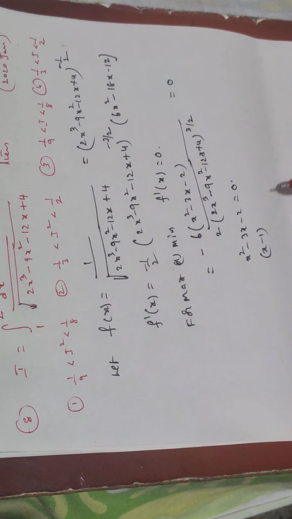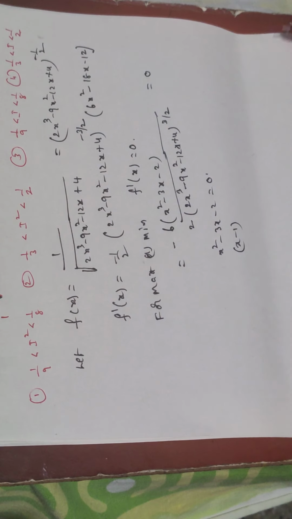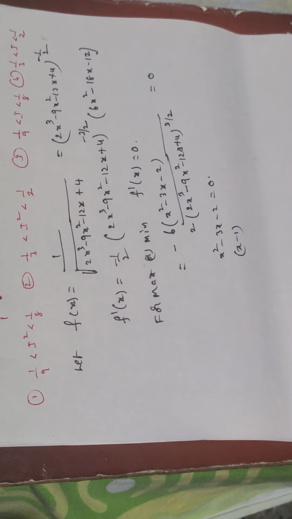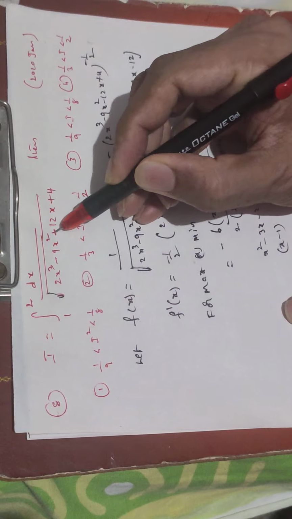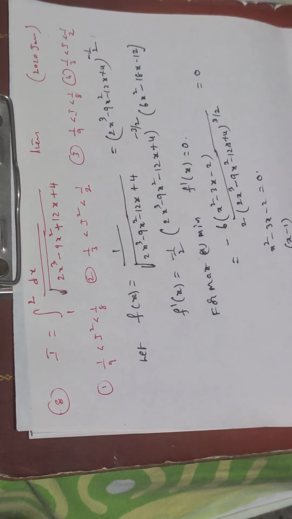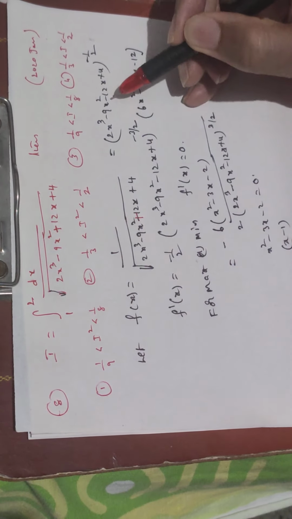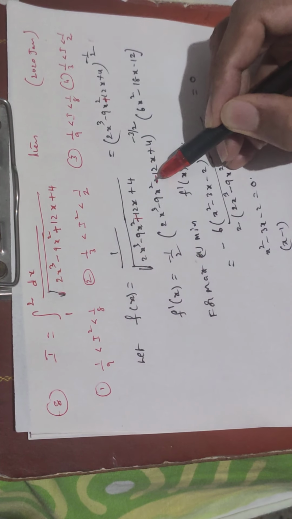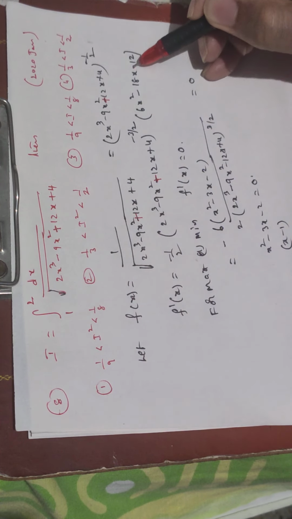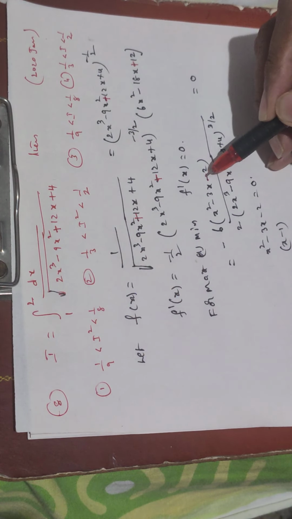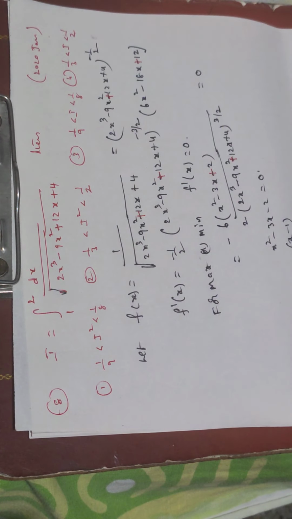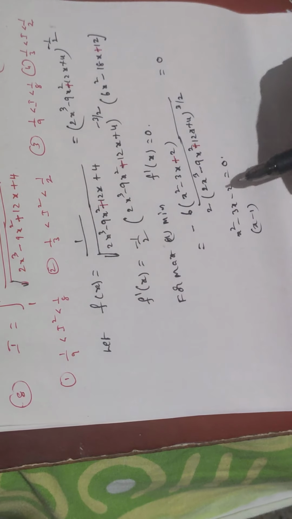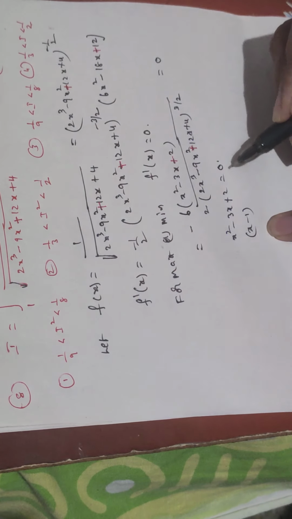We are not getting factors. I think there is a correction maybe in the problem. You can take a plus symbol here, then x square minus 3x plus 2 equals 0.